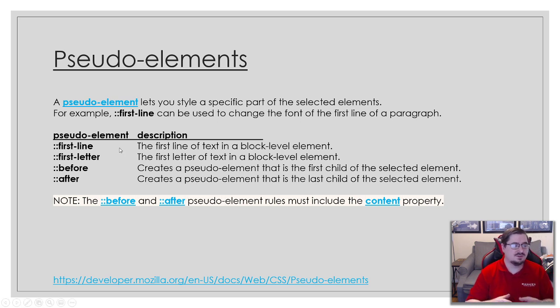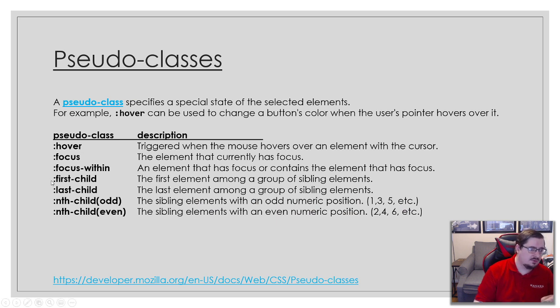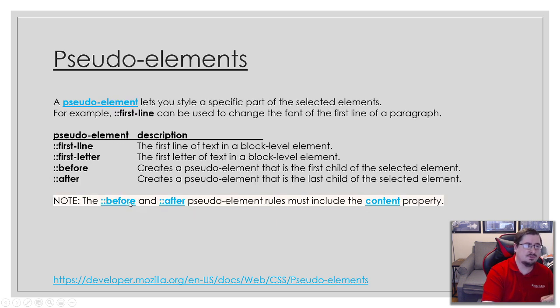You'll notice that the pseudo classes start with a single colon, versus the pseudo elements start with 2 colons. So ::first-line refers to the first line of text in a block. First letter is the first letter within that block, and it's usually the first letter within the first line.